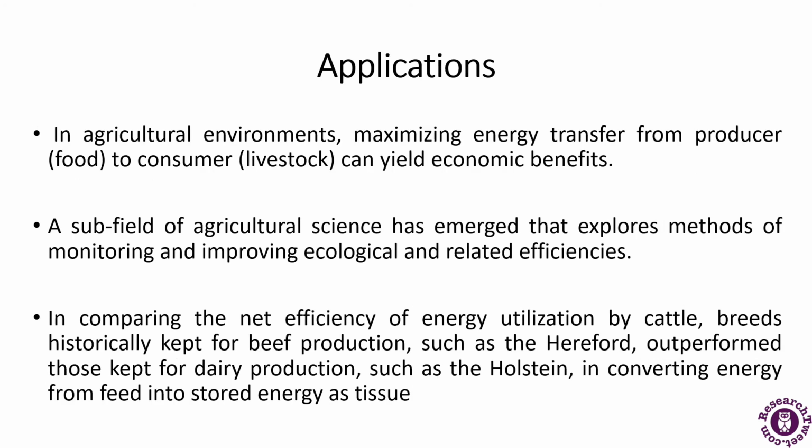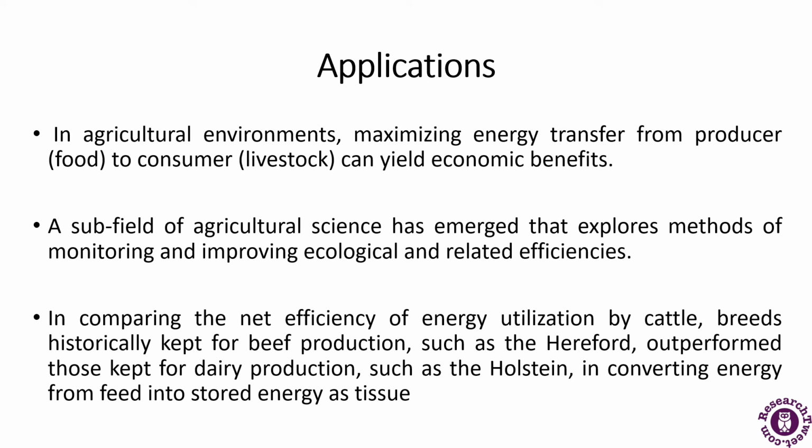The next is about some of the applications of ecological efficiencies. In an agricultural environment, maximizing energy transfer from producer to consumer can yield economic benefits. A subfield of agricultural science has emerged that explores methods of monitoring and improving ecological and related efficiencies.